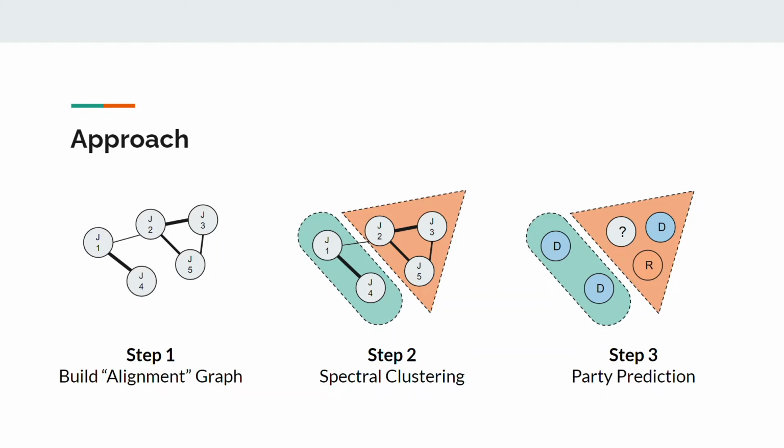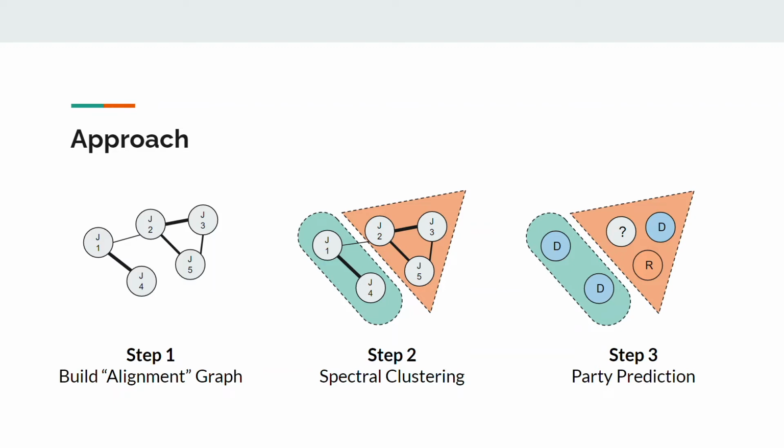So our main objective is to measure the quality of the predictions that we can make of the partisanship of each of the justices in the Supreme Court based on how aligned they are in terms of their voting behavior. So what we want to do here is to begin by building an alignment graph, alignment being the alignment in voting behavior.